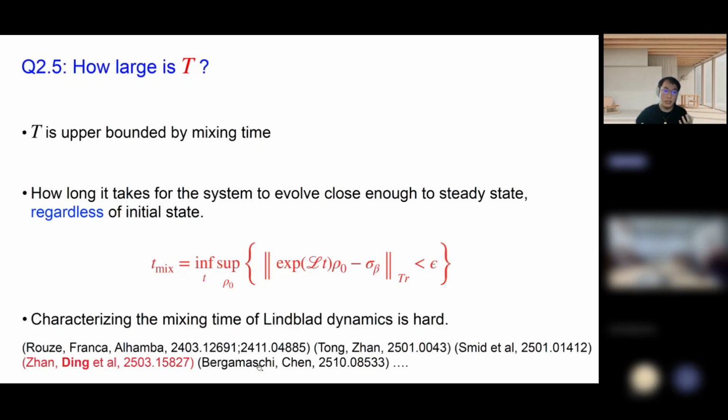In the last two years, we do have some exciting progress in these areas, and in our more recent work, we basically propose some methods to characterize the mixing time for the ground state preparation, both numerically and theoretically.